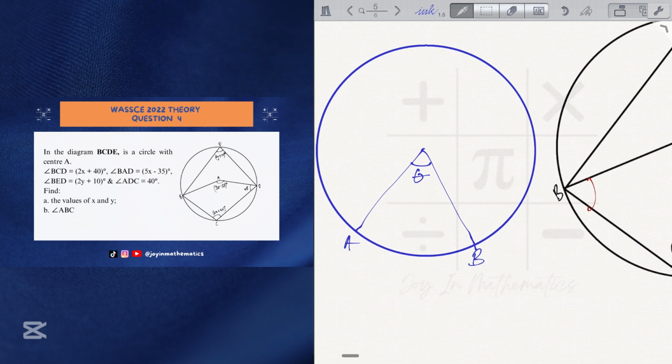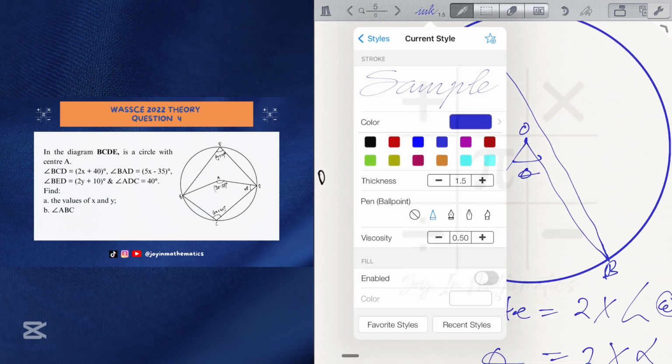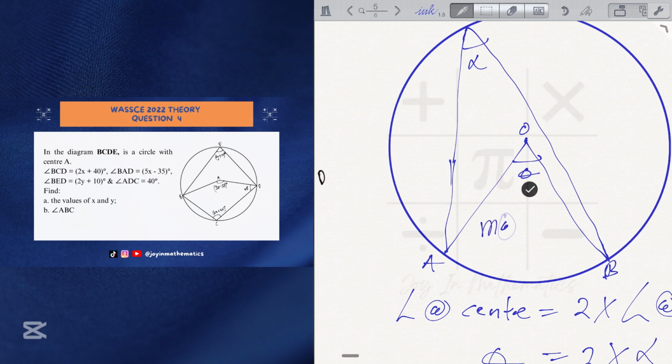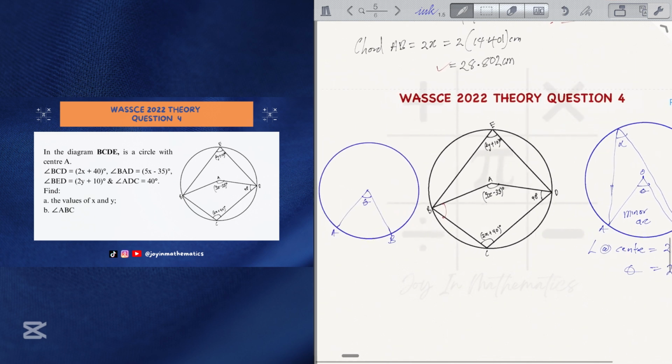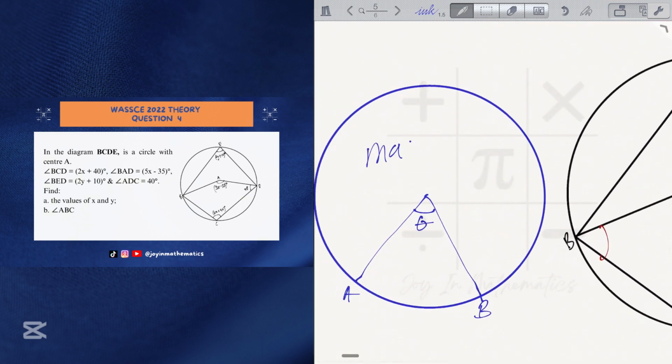Now this one that we considered was the minor arc. This is the minor arc AB. Now what about if we are considering the major arc? So we are talking about the arc AB, let's call this point C. So major arc ACB, as the case may be.